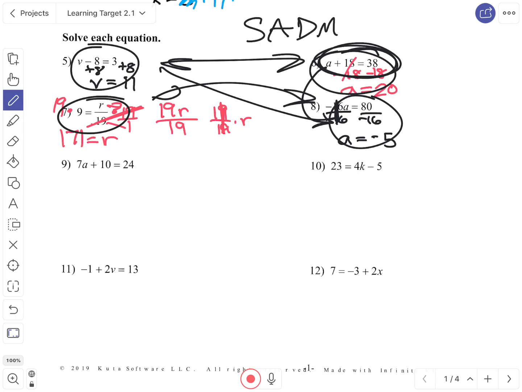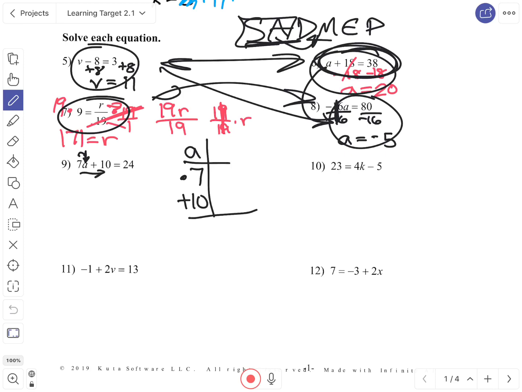So we deal with things backwards. I deal with my subtraction and addition before going to multiplication and division, which makes sense because if I look at what's happening to a here, first, if I knew what a was, I would times by 7. Then we would add 10 to get 24. But when I'm solving, we go in reverse order, the inverse.